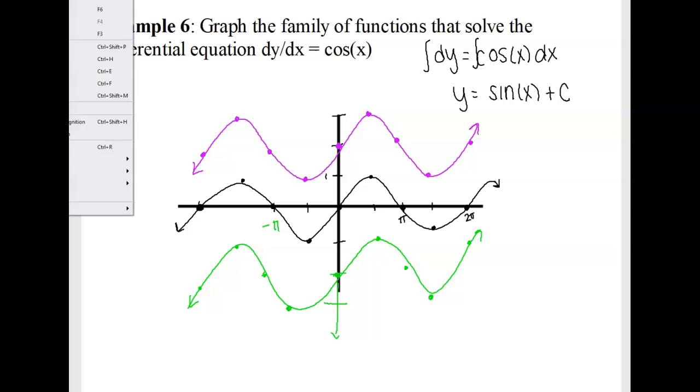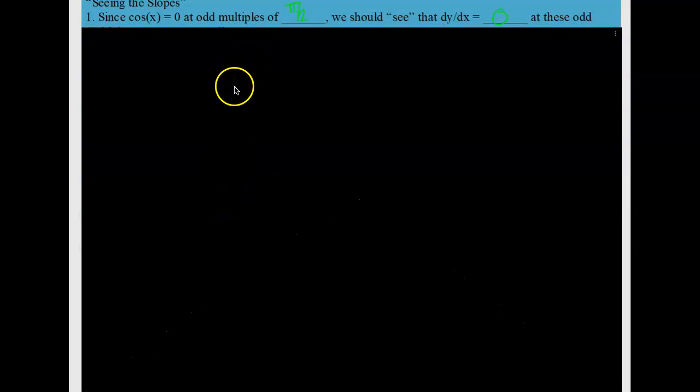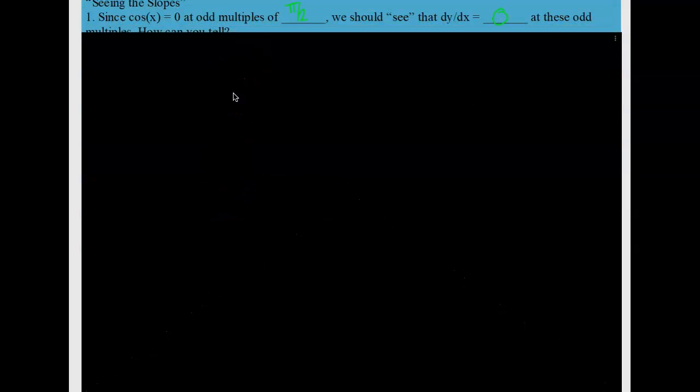All right, I want my revealer because I want you guys to answer. Okay, so we should see that dy dx, or the slope at these points, would always be 0.